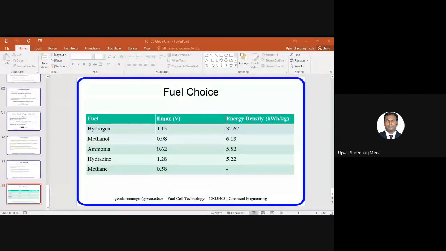That's it for today, and we shall take the attendance. Today is 18.